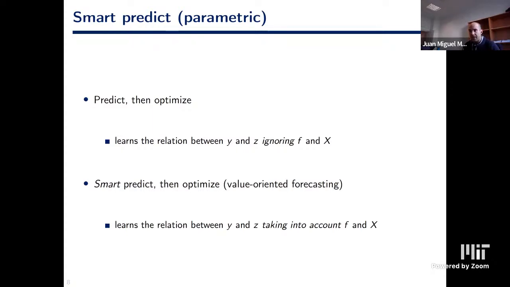More specifically, in the example that I'm going to present just in the next slide, we are going to contrast the traditional forecasting approach, where we learn the relationship between the uncertainty Y and the context, ignoring the objective function, the cost function, and the feasibility set of my decision, with the value-oriented forecasting approach, whereby we also learn the very same relationship, but taking into account the objective function and the feasible set X.